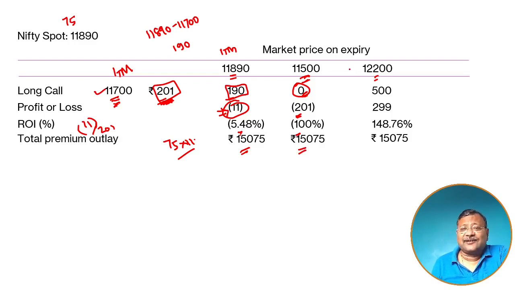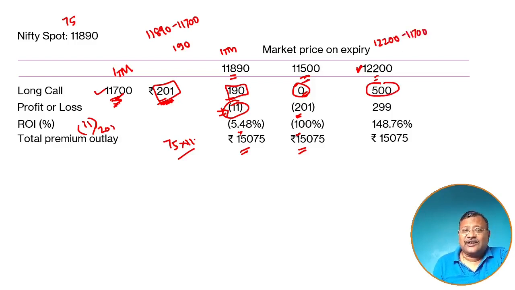Let's look at the third situation. Suppose the Nifty on expiry is trading at 12,200 and he's got a right to buy at 11,700. That means the option is now in the money, which means it will be trading at the intrinsic value. That is 500. Now, how did I derive this intrinsic value? 12,200 minus 11,700. That's my intrinsic value.